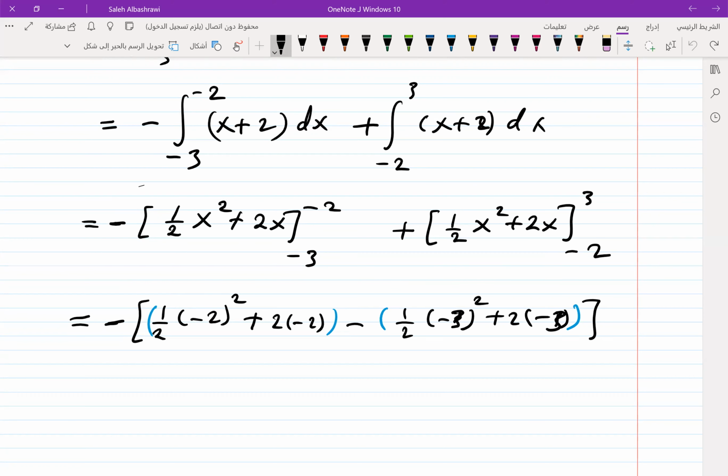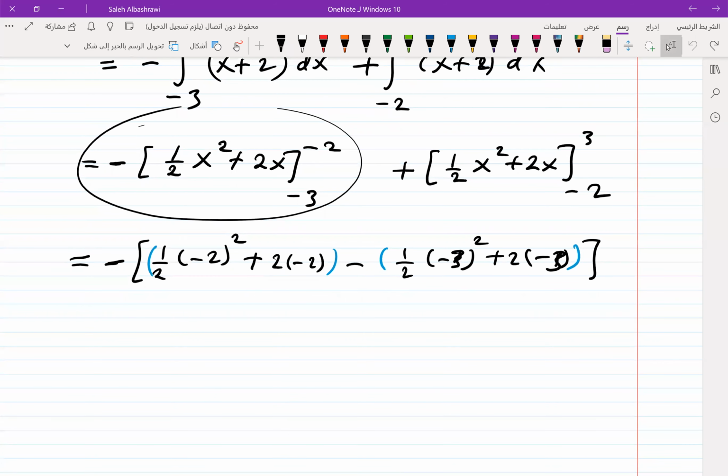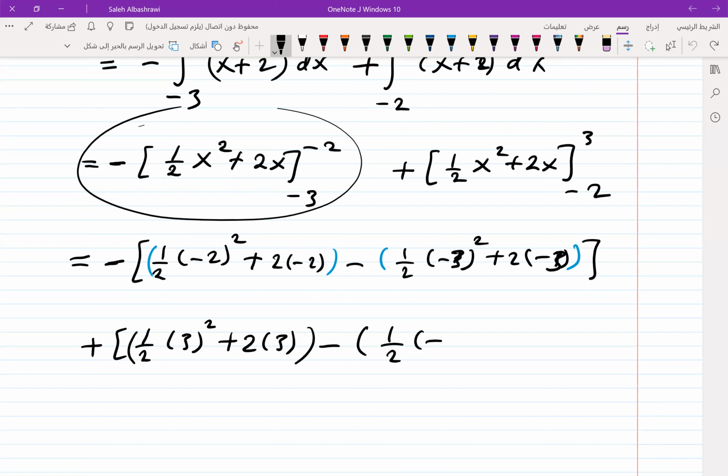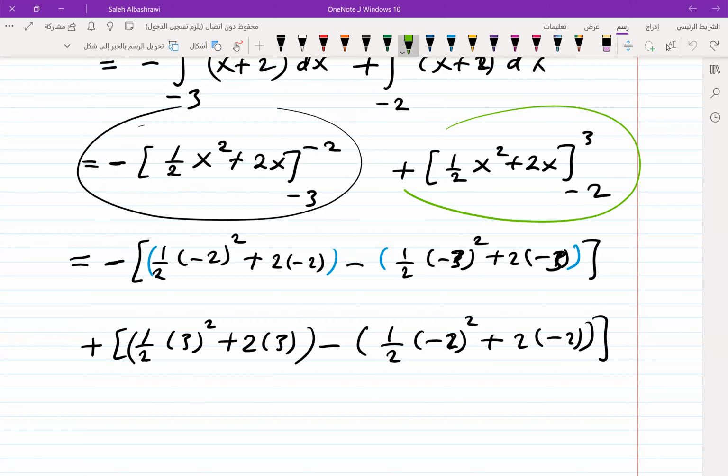This is the value of the first one only. Plus the second one, I'll have 1/2 multiplied by 3 to power 2 plus 2 multiplied by 3, minus 1/2 times minus 2 to power 2 plus 2 multiplied by minus 2. And this is the value of the second one.